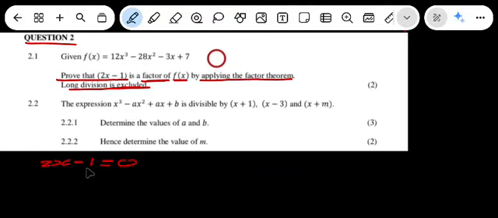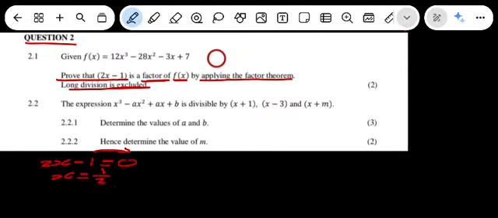If you solve for x, x will be equal to what? You transpose 1 to this side, and we'll have positive 1. Then you divide by the 2.